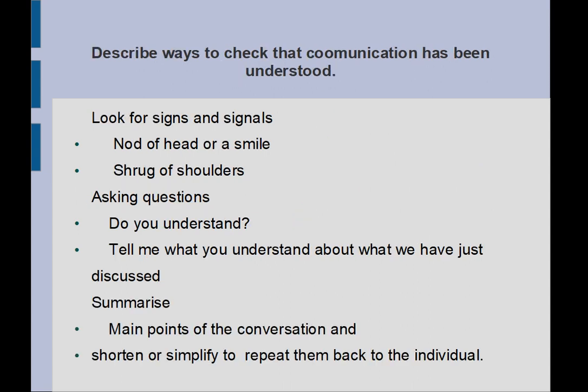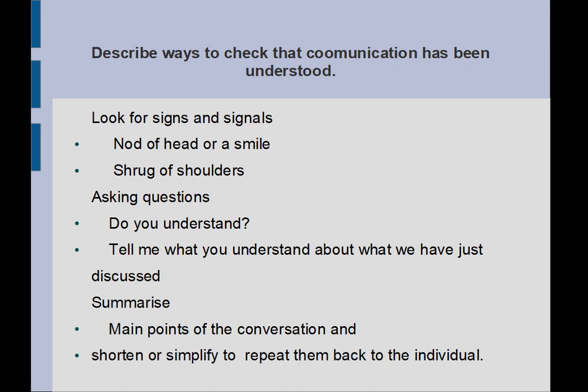Next up, we have describe ways to check that communication has been understood. Now, it does say describe, so we do have to give a little bit about how you would go about doing this. And it does say ways, so we do need multiple examples on this, minimum of 3.